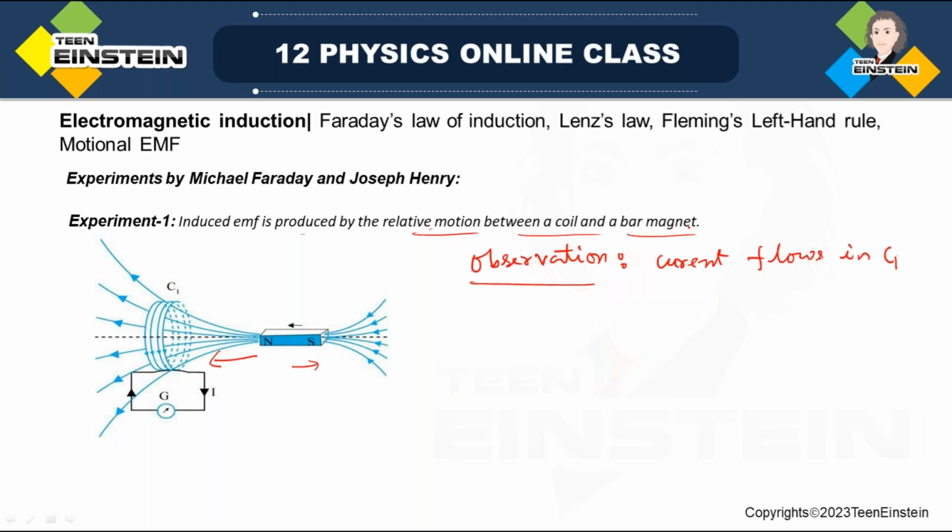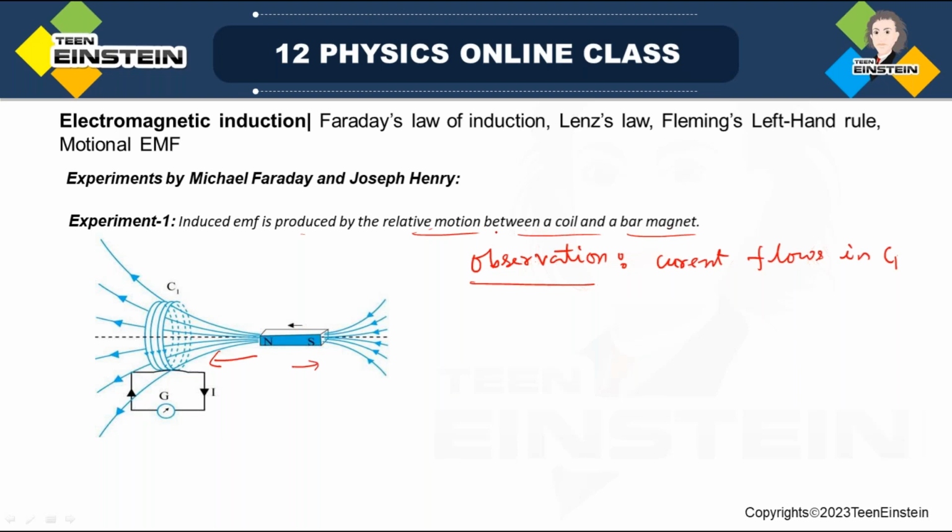Not only while the magnet is moving, but if you fix the magnet somehow and move the coil away and towards the magnet, then also there is a flow of current in the coil C1.